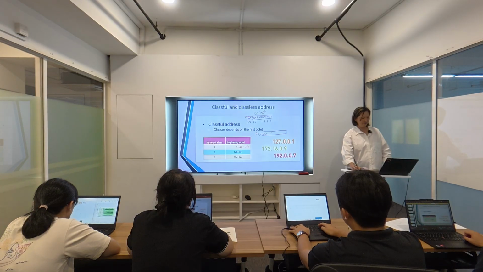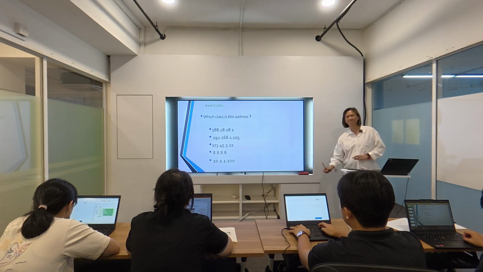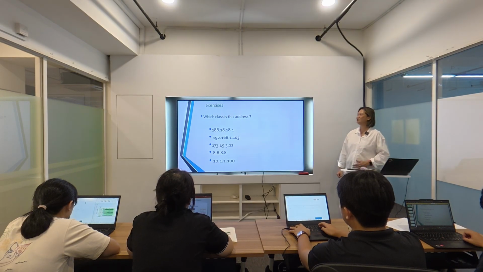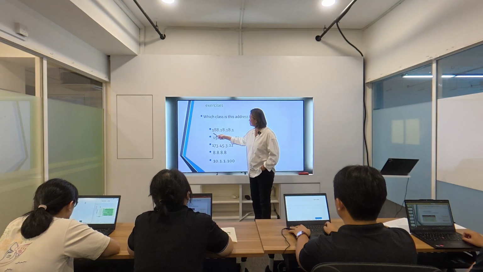Completing this into 8 bits, you will get 192 to 223, right? So if you look at these addresses, you can classify them according to their classes by looking at the first octet.